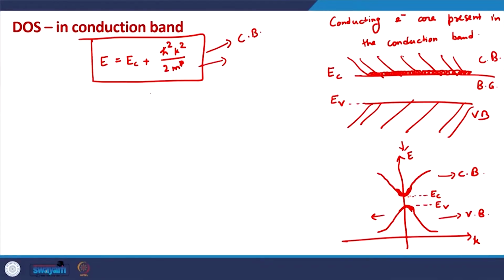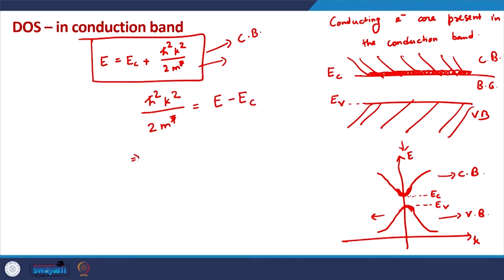With this relationship the expression for the density of states would change a little bit, because now h bar square k square divided by 2m star will be E minus EC.